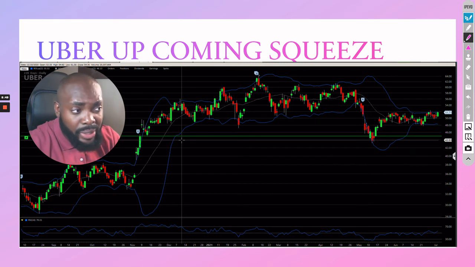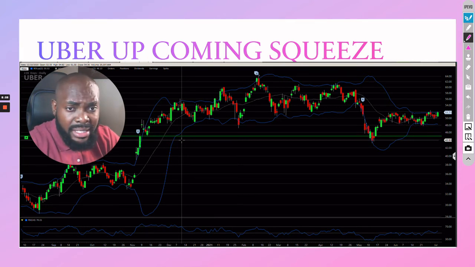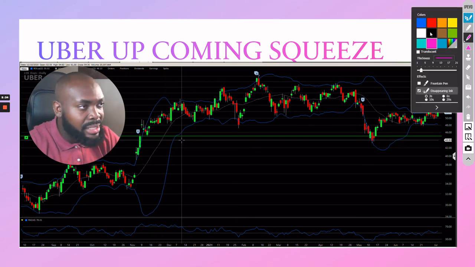So when we look at this, where are we in the process of the squeeze? We have literally been through the consolidation, and now I am anticipating that the next move from this point with Uber is going to be the move where we start to see the Bollinger Bands start to expand.